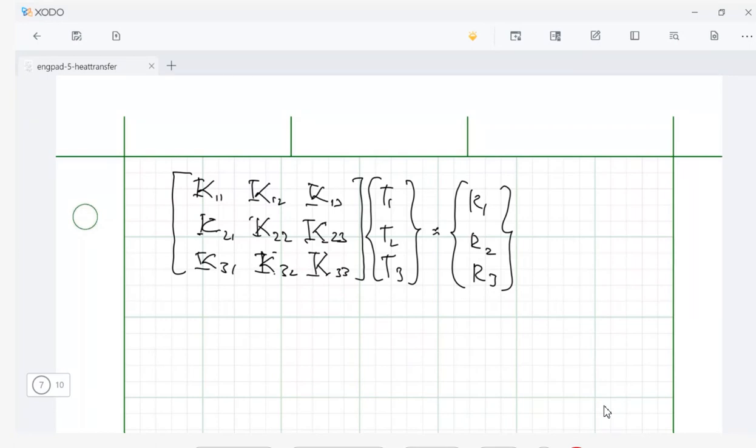Note, this is a 3 by 3 matrix, and it requires two boundary conditions, which means this is easy to solve.